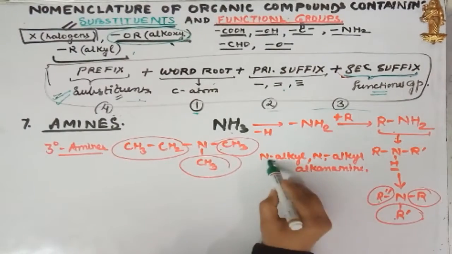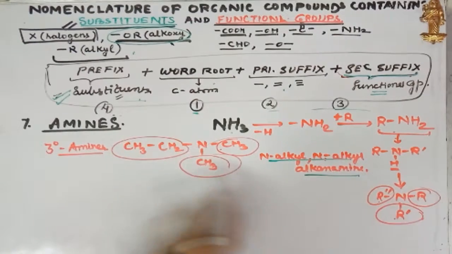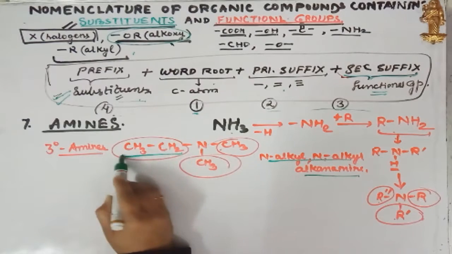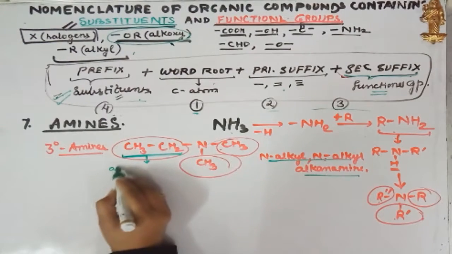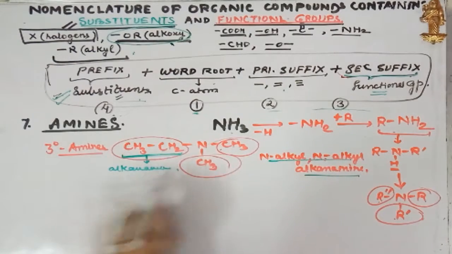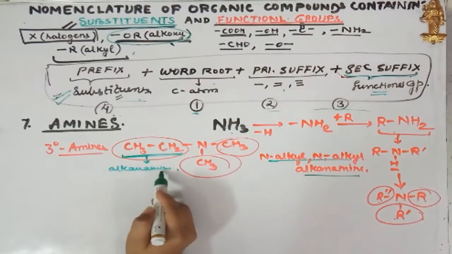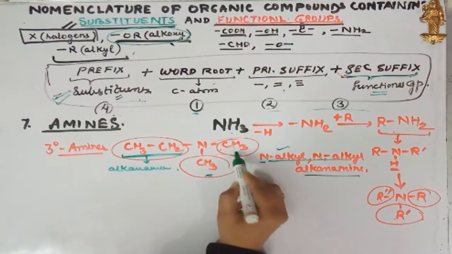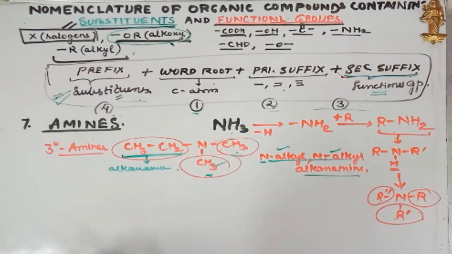Now I am going to take this particular example to name this compound. This bigger chain will be taken as the alkanamine. Always select the biggest one and take it as the alkanamine. These two are the smaller ones, and they will be considered as alkyl groups.